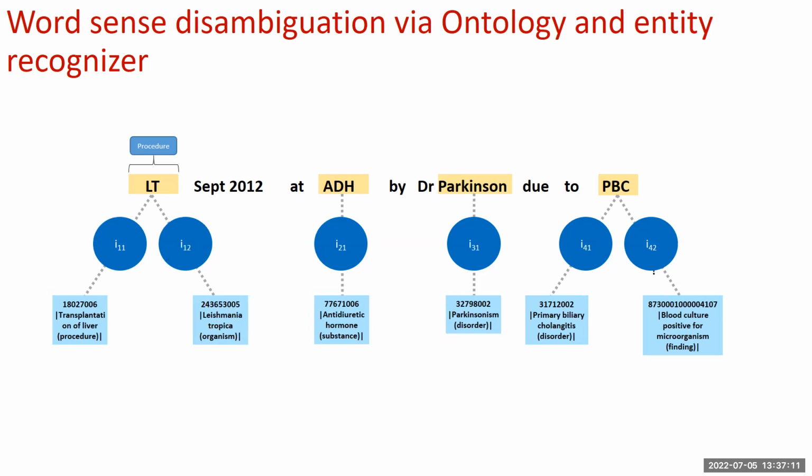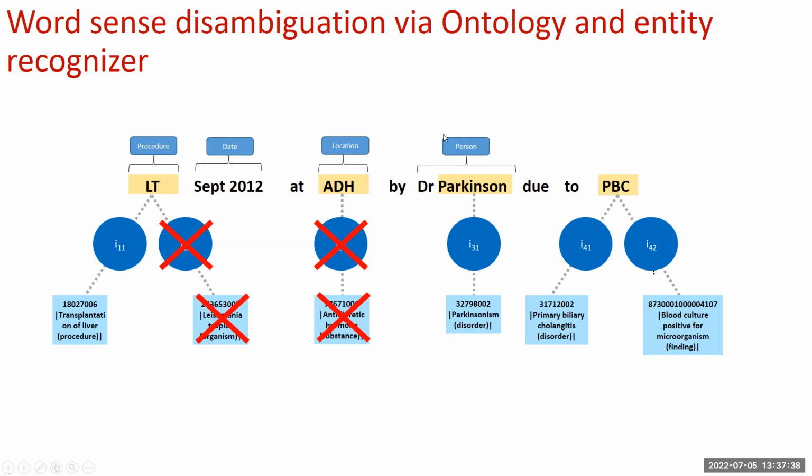Having a procedure here, you can already discard the reading that it's an organism. Or here, state, well, you need other mechanisms to deal with states. Then this was identified as a location, and then it's clear that it does not mean anti-diuretic hormone. Dr. Parkinson is identified as a person, and so we also avoid this wrong interpretation.